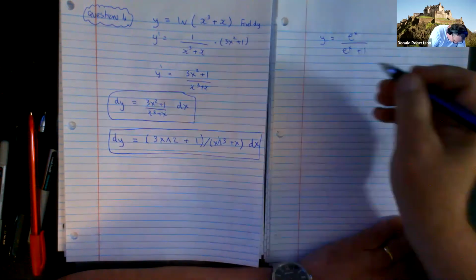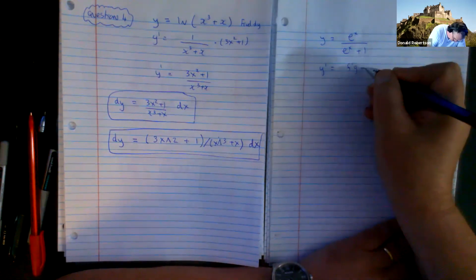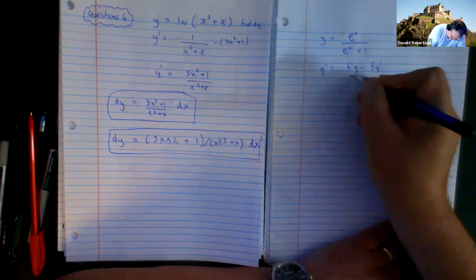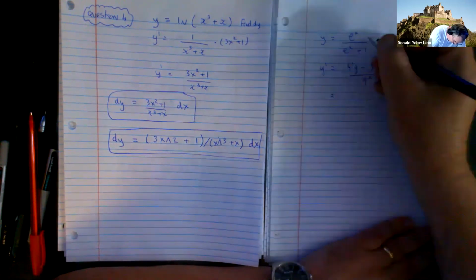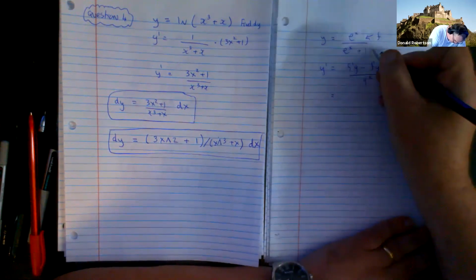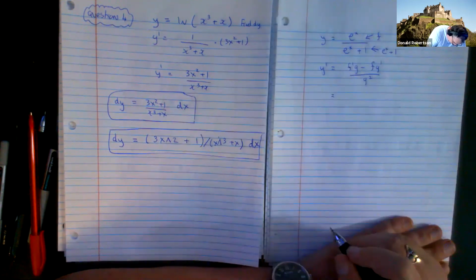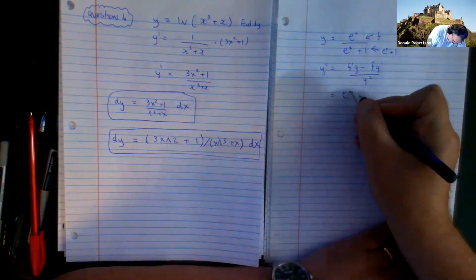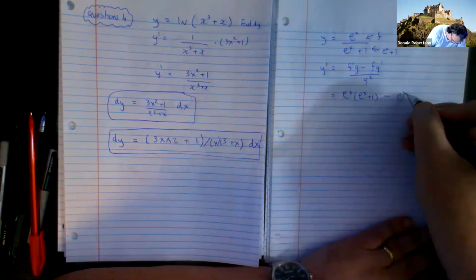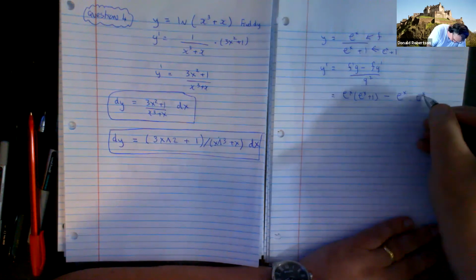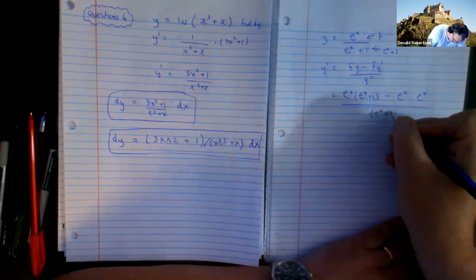Well, if I want to get its derivative, do you recognize, I hope, that what you're looking at is a quotient rule? And the top is e to the x and the bottom is e to the x plus 1. So you differentiate the top and you leave g alone. Take away, you leave the top and you differentiate the bottom. And you get e to the x plus 1 all squared.